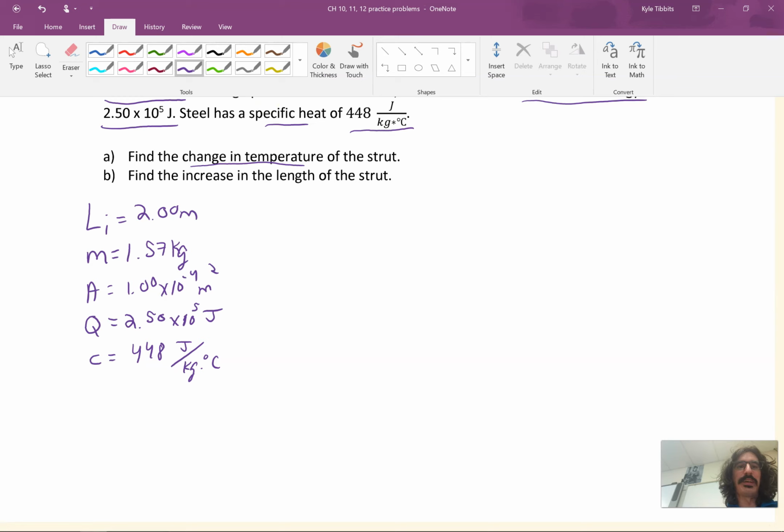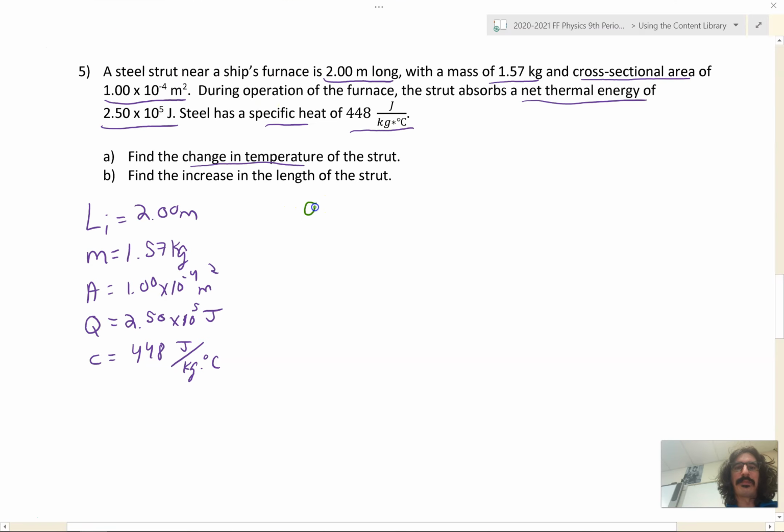So finally, let's look at letter A. Calculate the change in temperature of the strut. Delta T equals question mark. The formula we use is Q equals MC delta T, the specific heat formula. All we're doing is solving for delta T. Delta T equals Q all over MC.